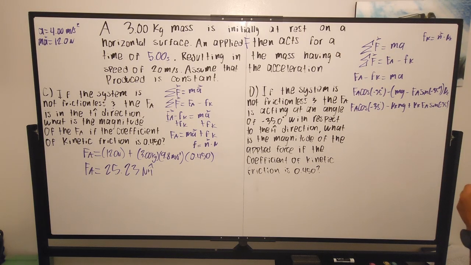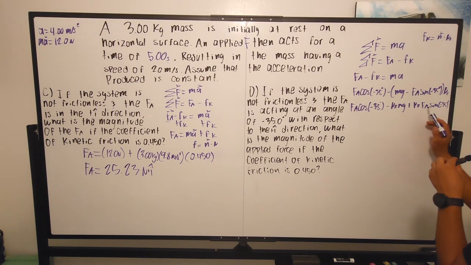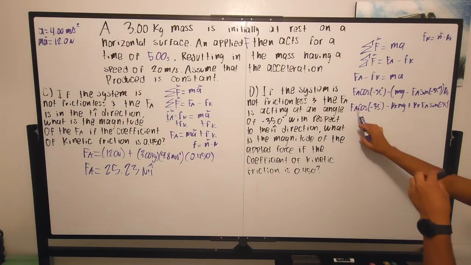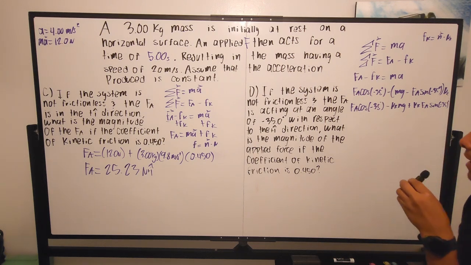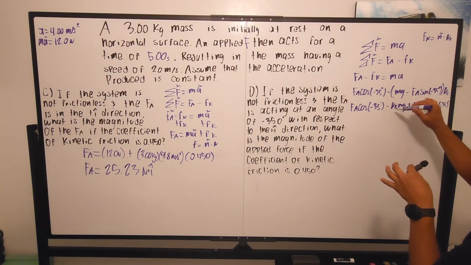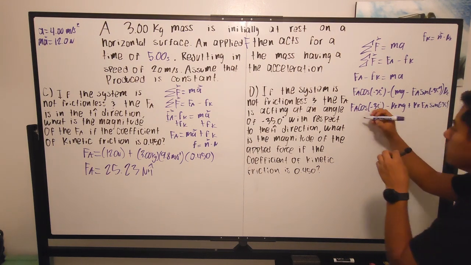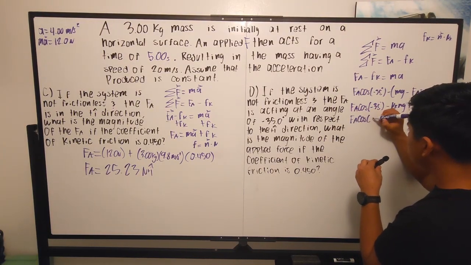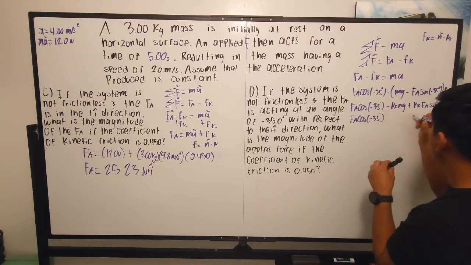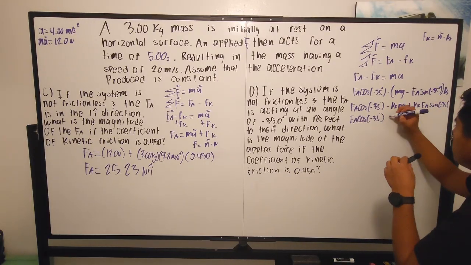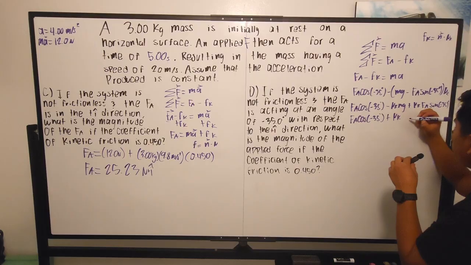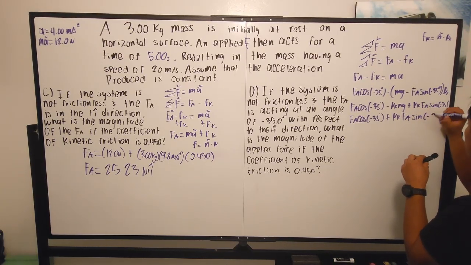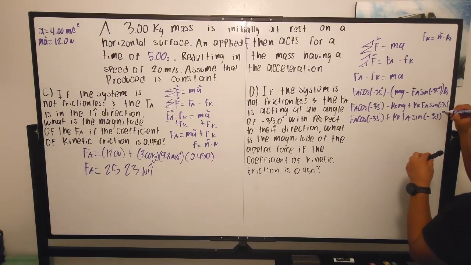Now I have two of these, and I'm going to factor them out. But before I do that, I have to get rid of this one, so I'm going to add it onto this side. Then I'll have the force applied multiplied by the cosine of negative 35 degrees, and then I'm taking that one out, so it's going to be plus mu k, the applied force, sine of negative 35 degrees.